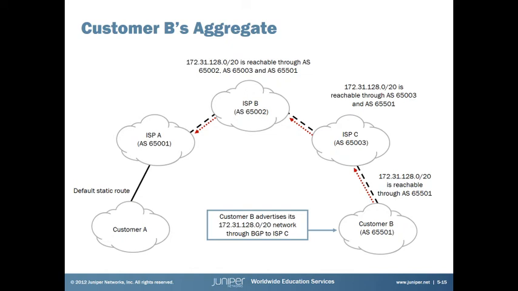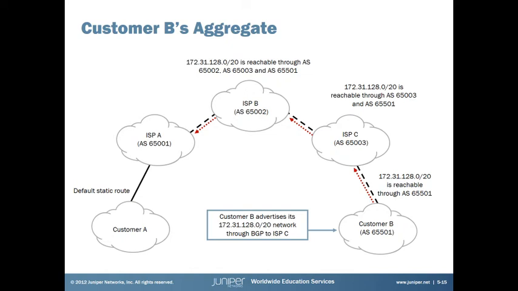What we've also discovered is that every time an eBGP route is re-advertised to its peer, via an eBGP session, a peering session, it adds the autonomous system number to the path.